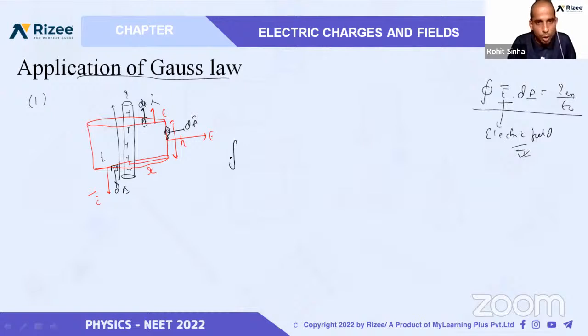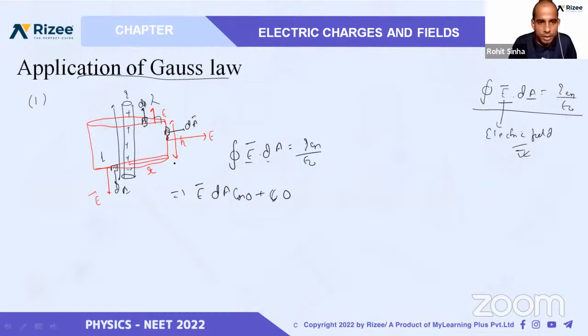If we are using our Gauss law, we will say integration E dot dA is equal to Q enclosed by epsilon naught. For this surface, we know that E and dA are parallel. So we can say E dA cos 0 degrees, plus, for this angle, 90, E dA cos 90 gives 0.